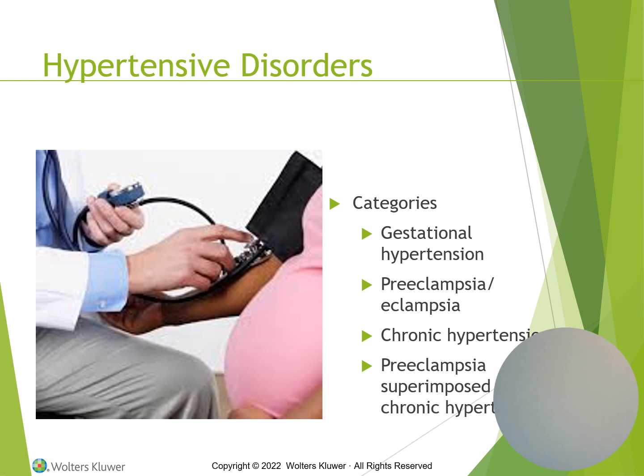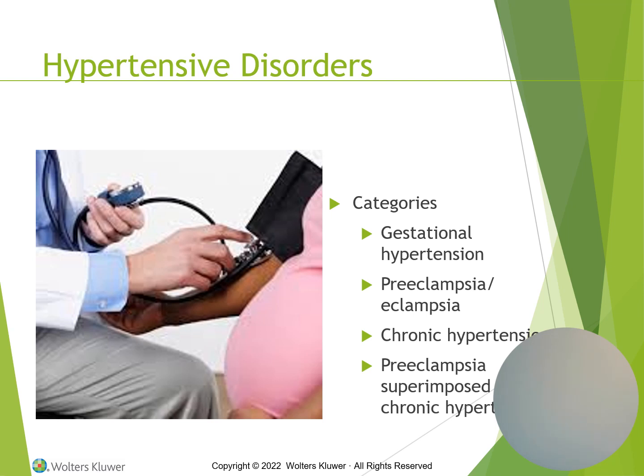With preeclampsia or eclampsia, this occurs in about 3 to 5% of all pregnancies. Preeclampsia is that elevated blood pressure, same parameters, with protein in the urine. It usually develops after 20 weeks of gestation.